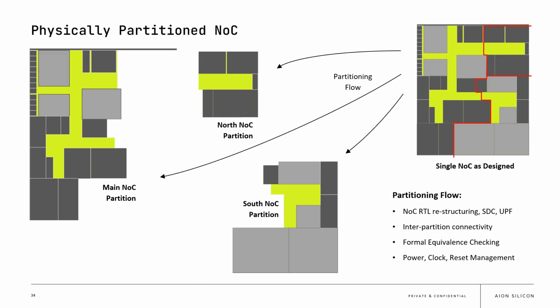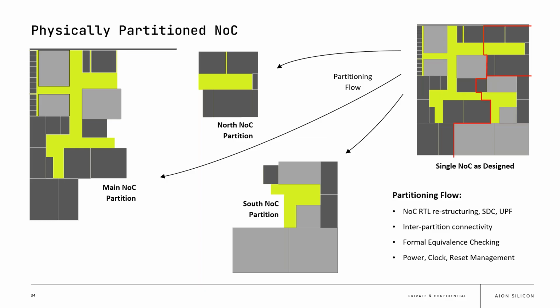With these partitioning requirements coming from the backend team, there is a need to partition your NoC accordingly. So we've got the partitioning flow, which performs the NoC partitioning. Starting with a single NoC as designed, the flow restructures the NoC RTL, as well as the design constraints and UPF descriptions. It has to be aware of the connectivity between partitions, so the flow needs to manage the connections and make sure that the right connections are retained.